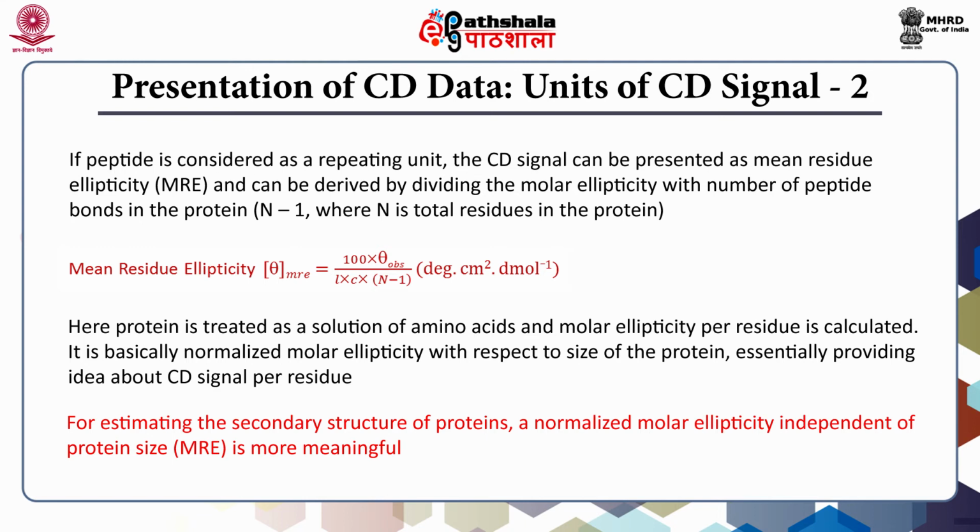Many online servers like Dichroweb, when you try to calculate the secondary structure of a protein, only accept MRE as a value, or you can directly input data received from the circular dichroism machine and give the path length of the cuvette, as well as the size of your protein and the concentration of your protein used during the experimentation.